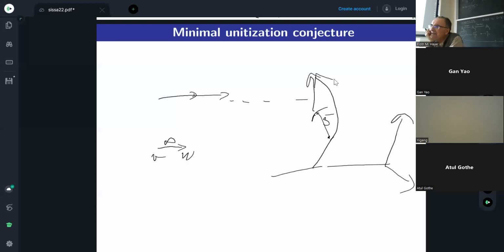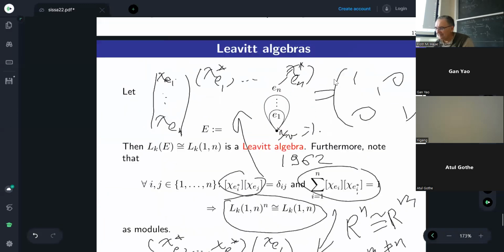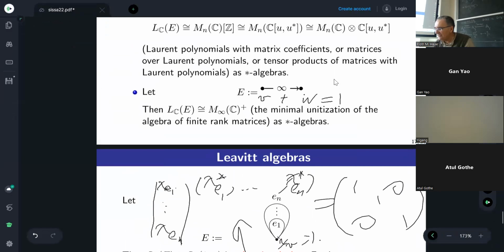Nobody cared about it. I can tell you why nobody looked it up. We know it because we know Podleś. When you go to the C-star algebra, this is, in fact, the minimal unitization of compact operators, which every child knows is the C-star algebra of a Podleś sphere. Because we are doing quantum geometry, we saw it. If you don't do quantum geometry, you would never bother.